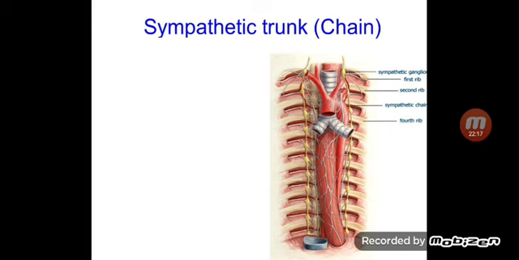And we have the lowest splanchnic nerve, which arises from the last ganglion, ganglion number 12. So the lower 8 ganglia give preganglionic fibers forming the greater, lesser, and lowest splanchnic nerves.